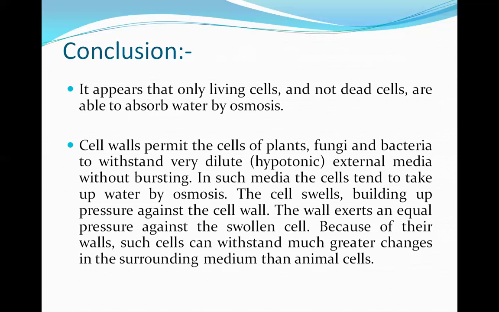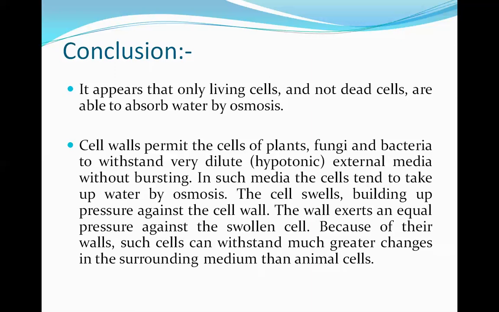Now, the last point: the cell wall permits the cell. This point is already explained. The cell wall permits the cells of plants, fungi, and bacteria to withstand very dilute, meaning the water content is high, that is, a hypotonic external medium, without bursting.